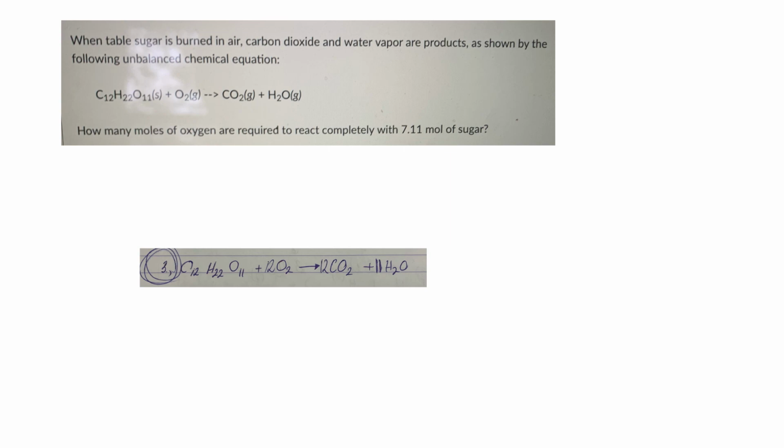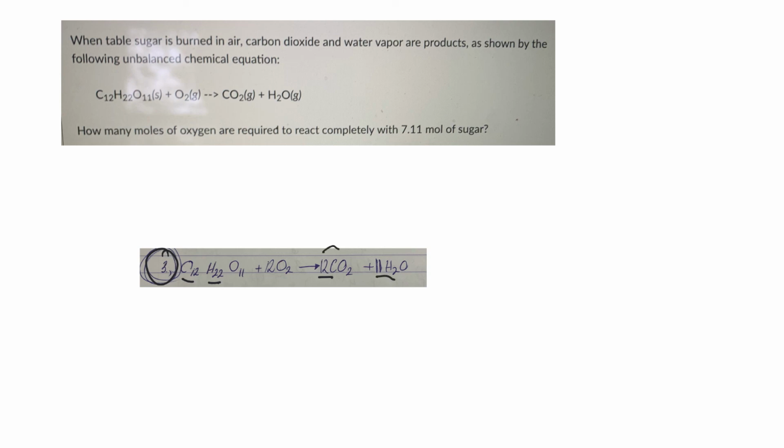Table sugar. So I got sucrose, and I'm burning that into carbon dioxide and water. So here's the balanced chemical reaction down at the bottom. I guess I better check on it. 12 carbons, 12 carbons, 22 hydrogens, 22 hydrogens.